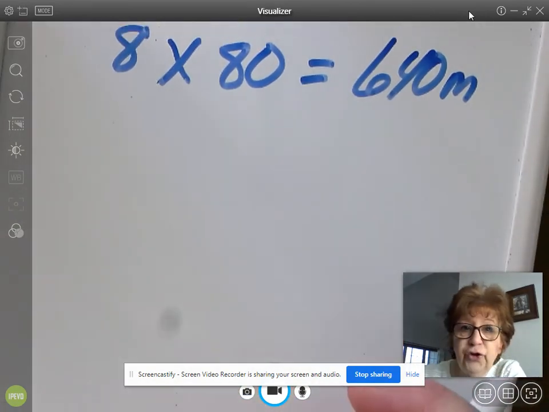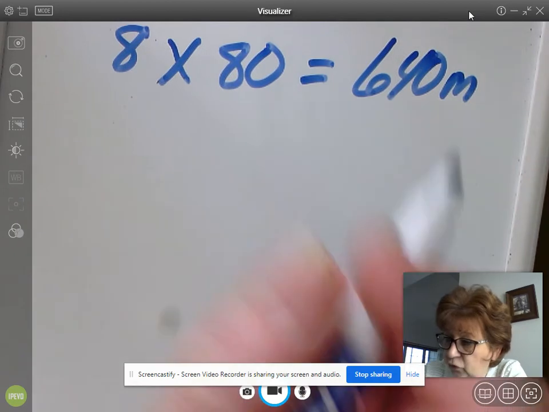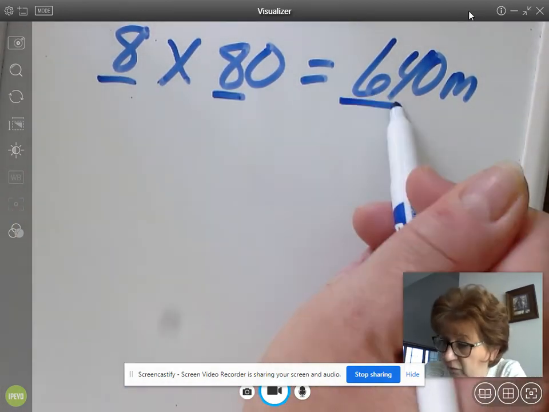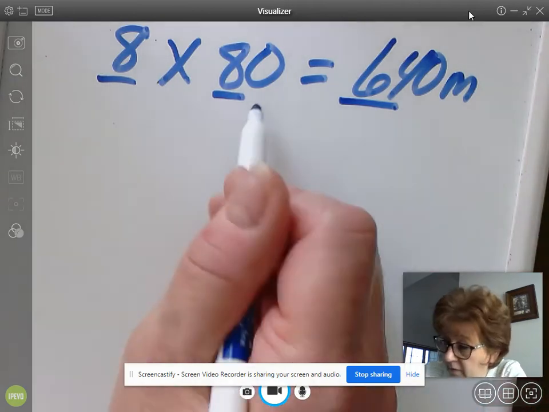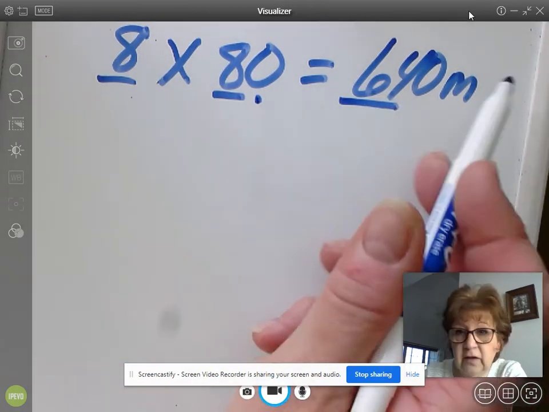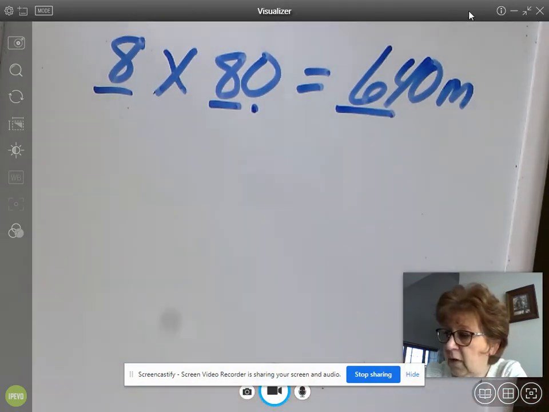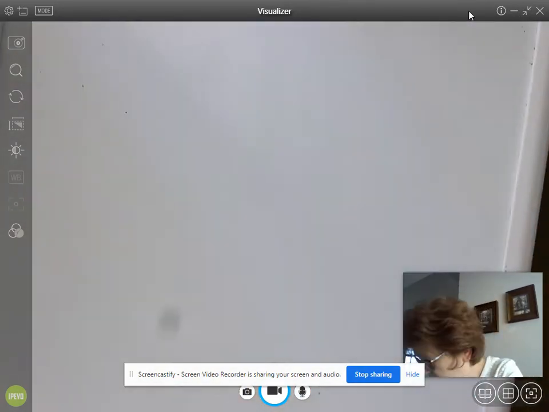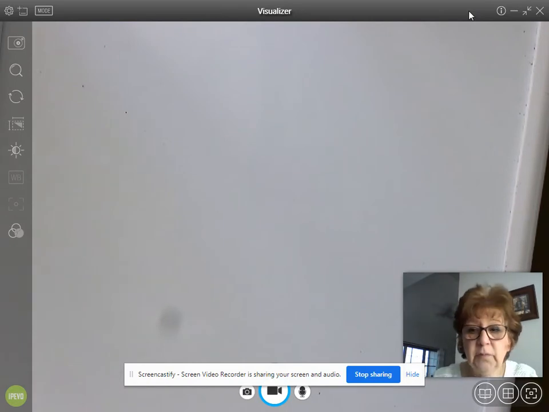And I could do knowing my basic facts. So if I know 8 times 8 equals 64, then this is times 10. I get 640 meters. And that is the fastest and most efficient way we would do that. Okay, so multiples of 10. What is a multiple of 10?